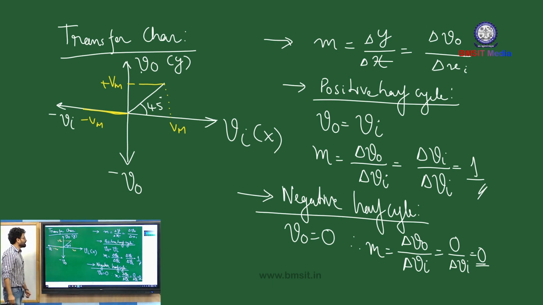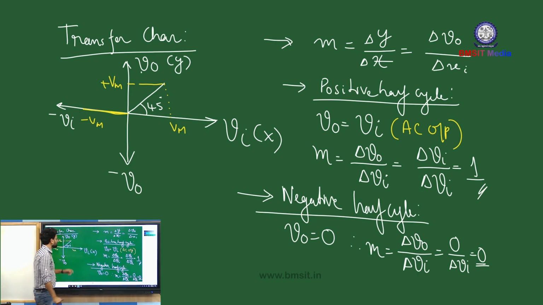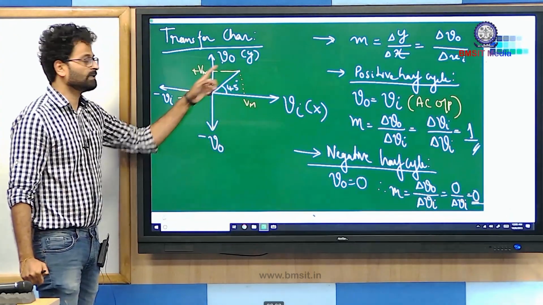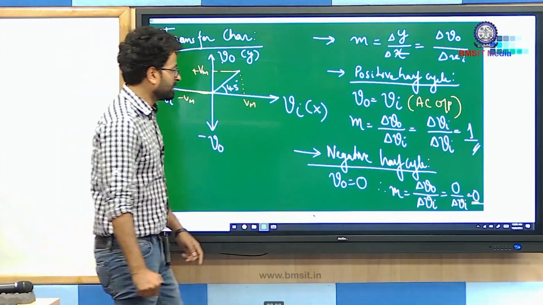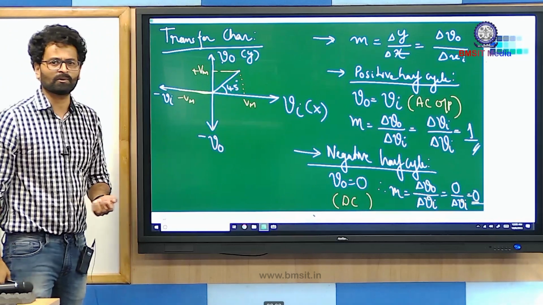Okay, so the summary is that whenever you get an AC output, the slope is going to be an inclined line. On the other hand, whenever we get a DC output, for example, V0 is equal to 0, you can consider it as a 0 volt DC.